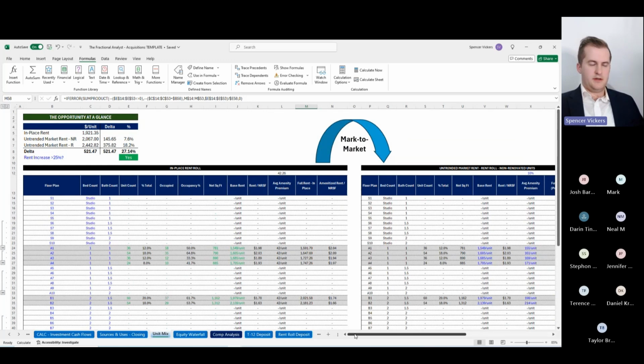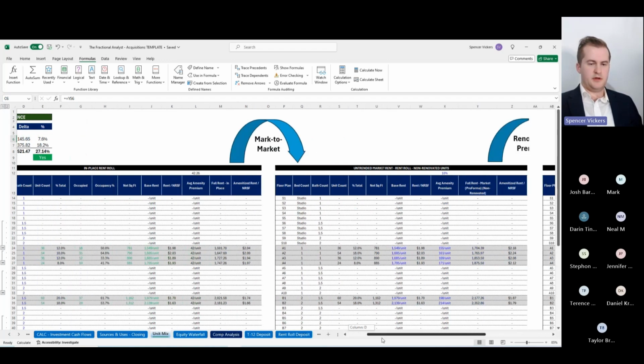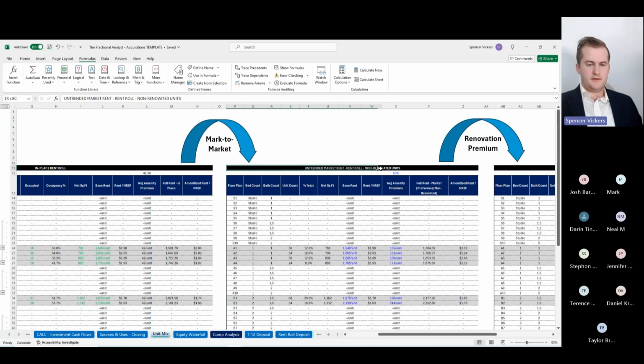Then what I've done is I really tried to show how an operator is bridging the gap between the in-place blended rent per unit per month and the pro forma. So I've included a place for the untrended market rent roll for non-renovated units.